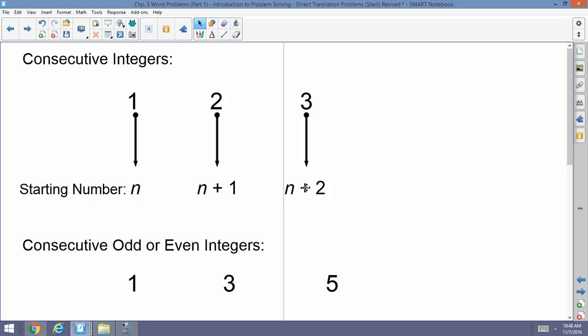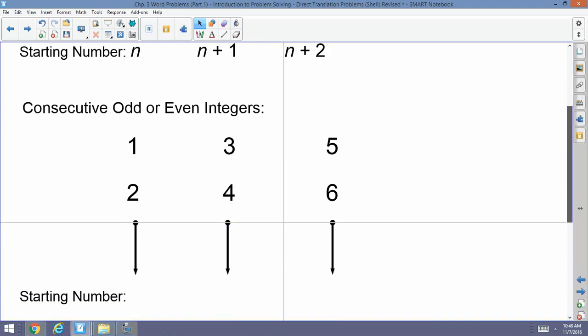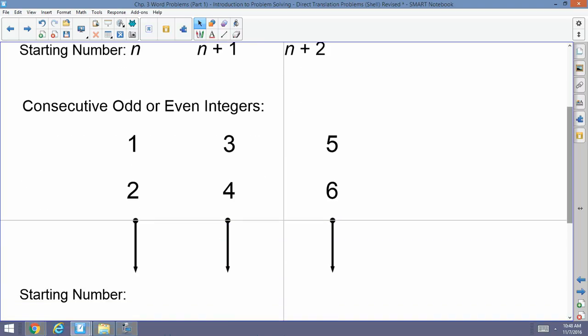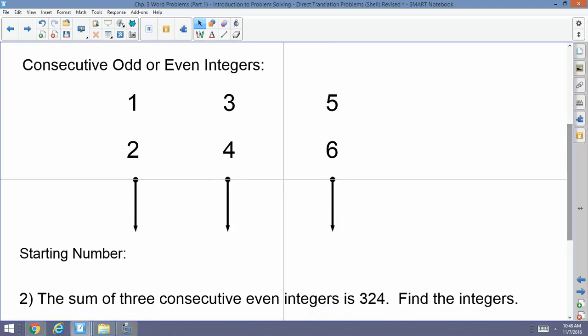When we talk about consecutive odd and even integers, it's almost the same, except now I'm going to look at my odd numbers 1, 3, 5, and also 2, 4, and 6, because it's the same value either way when we're putting them into expressions. Let's say I'm starting with an odd or an even number, but we don't know which number we're starting with. I'm going to start with 1 and 2 just as a guide.